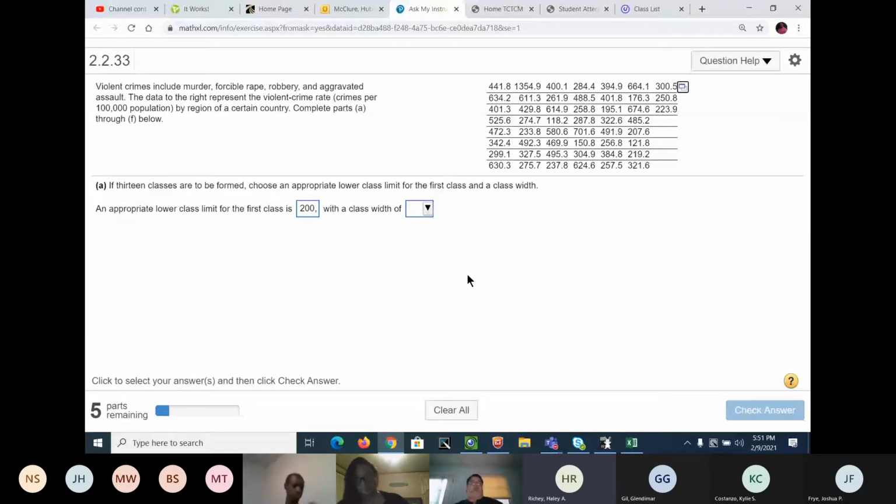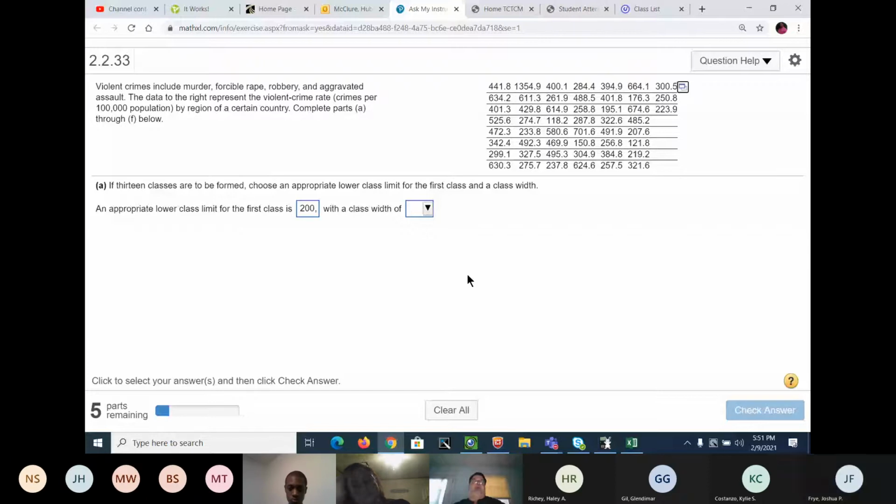So your lower boundary is going to be 100. I mean, if you have a lowest number of 118, are you going to make that your lower class boundary? No, you get 100.